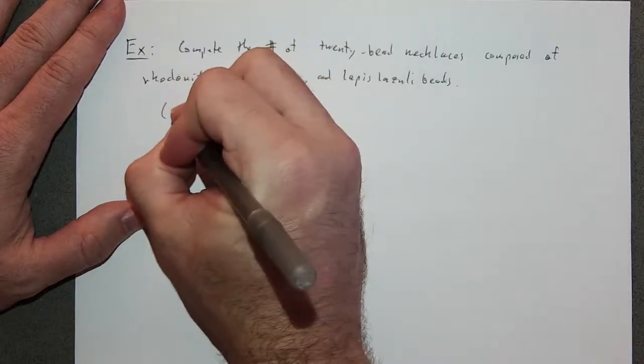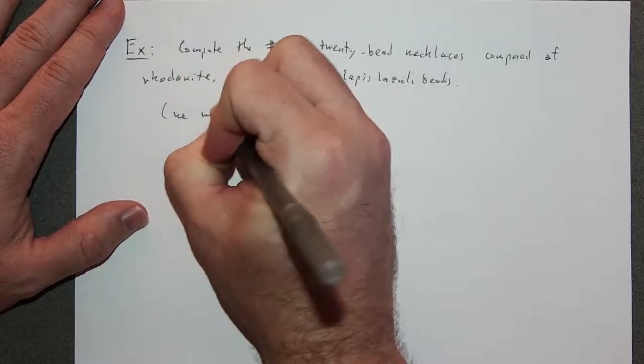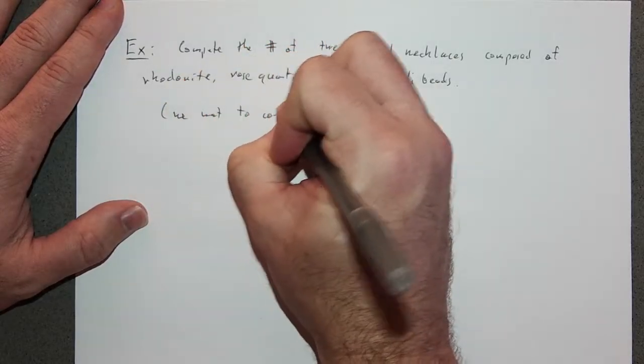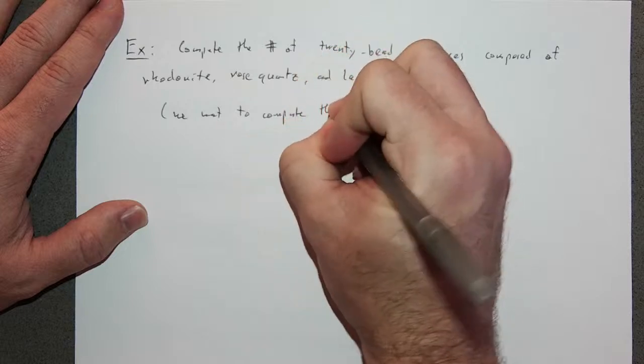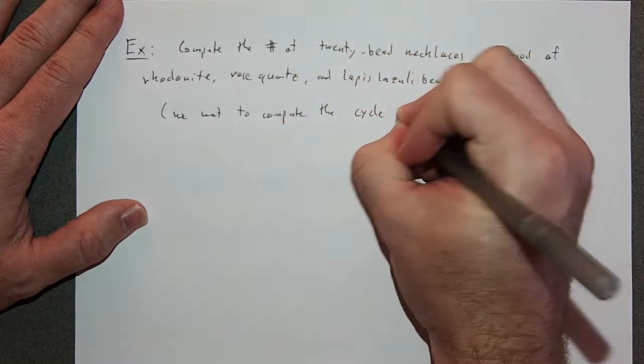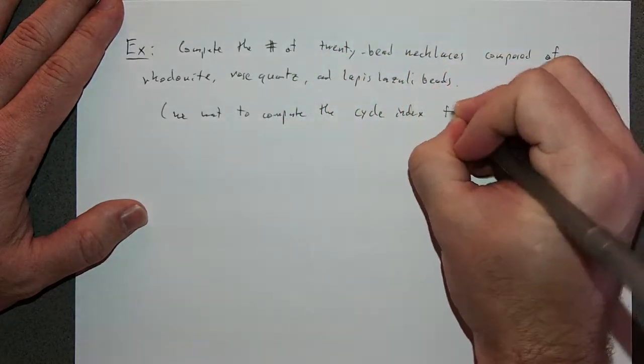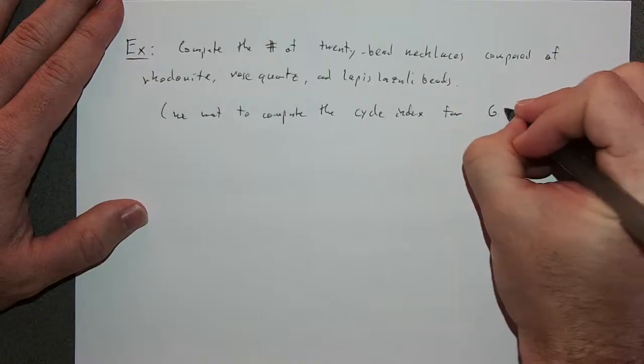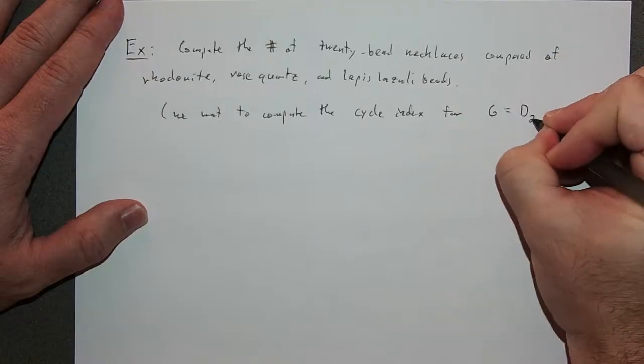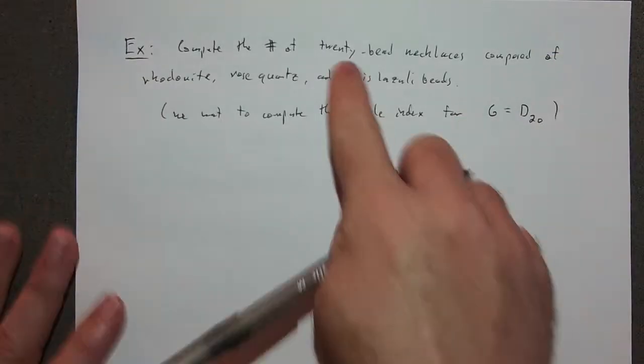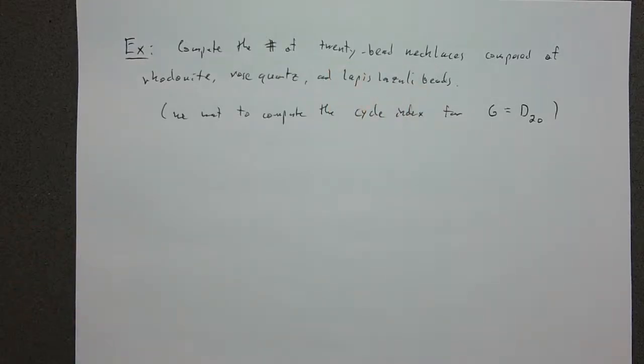So we want to compute the cycle index for the group D sub 20, the dihedral group on 20 vertices here.